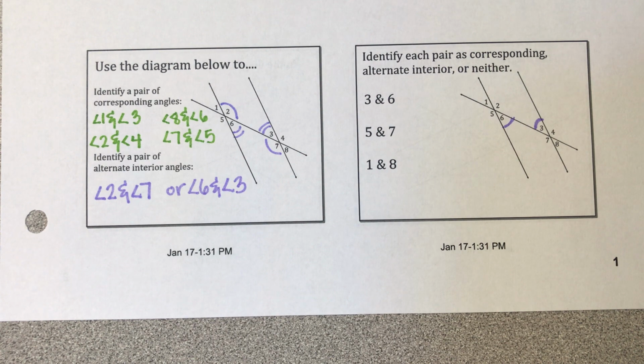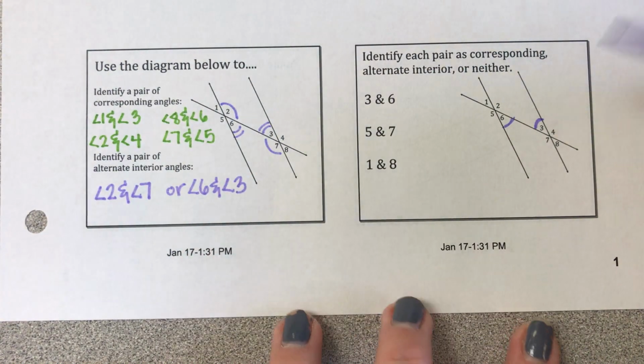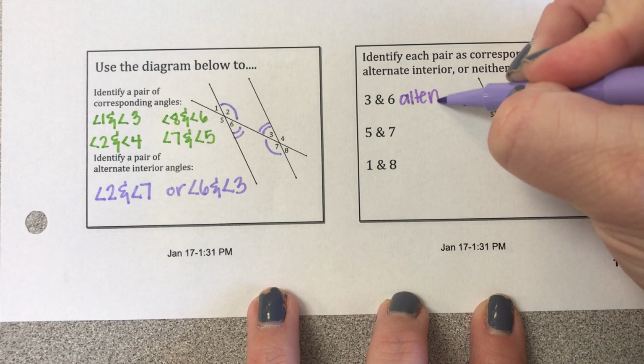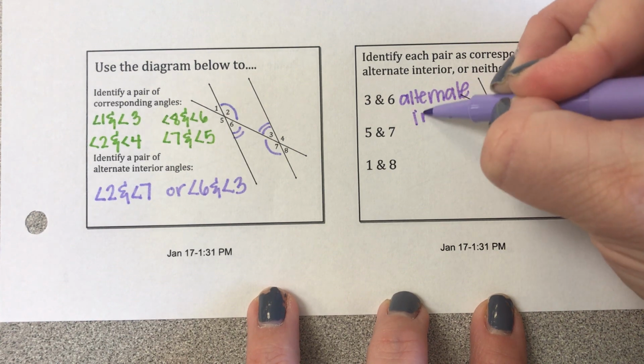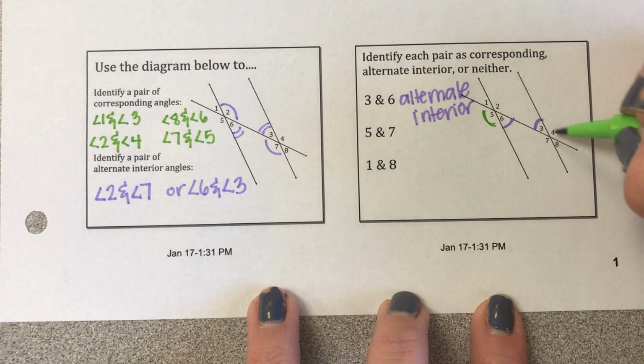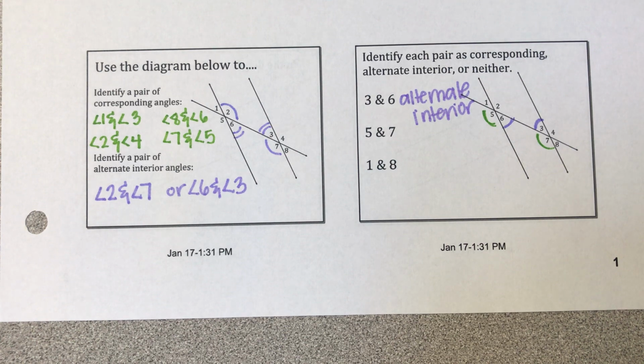Are they alternate interior? Yes, they are on opposite sides of the transversal inside the two parallel lines. So alternate interior. Okay, now we have angle 5 and angle 7. What are they?